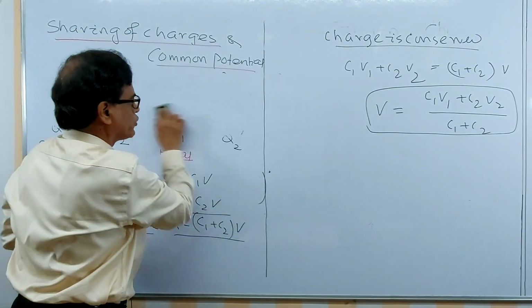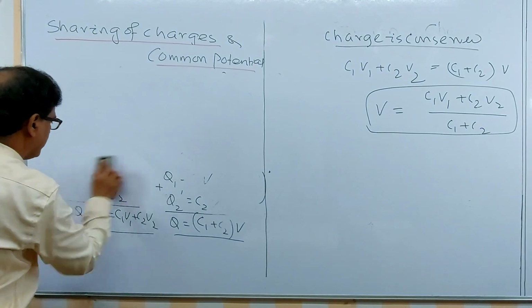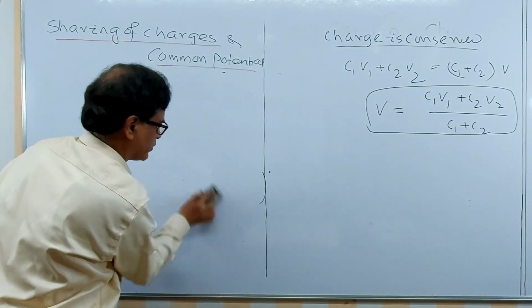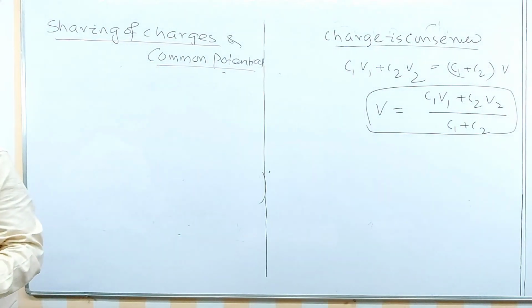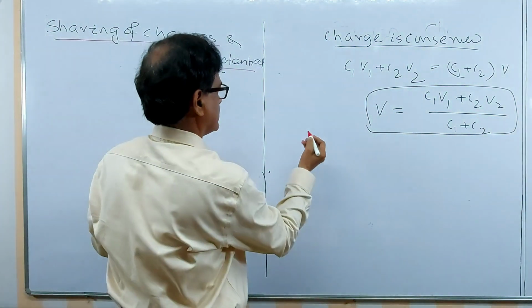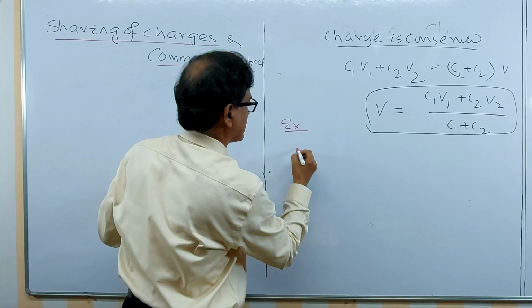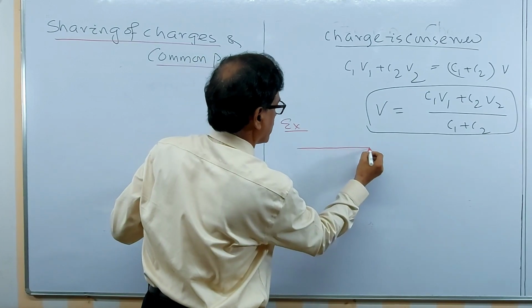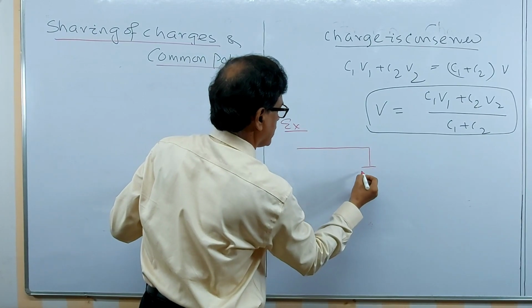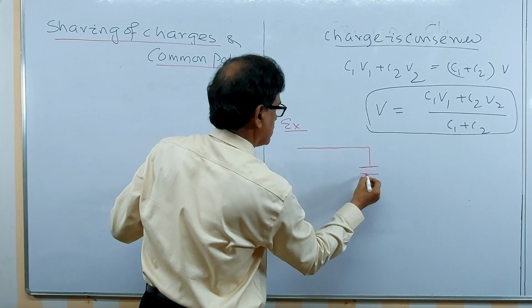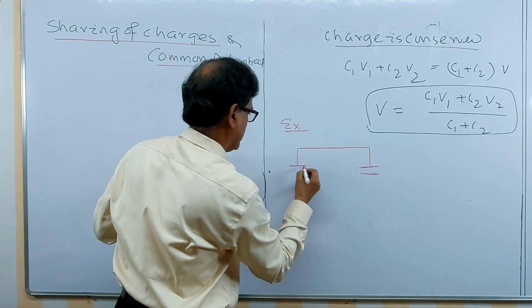See, I am showing you one circuit in which we can have a common potential and you can check it. Now here say there is a circuit like this. For example, you will be given problems like this. This is a very important problem. Your concept should be clear about this one. So here are two capacitors.